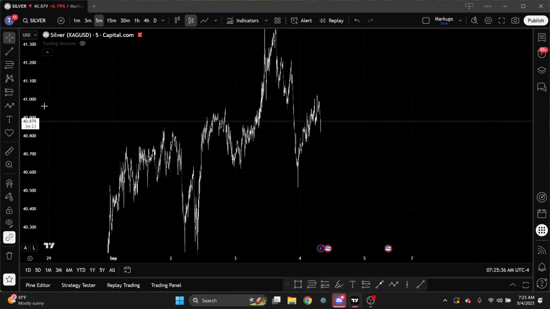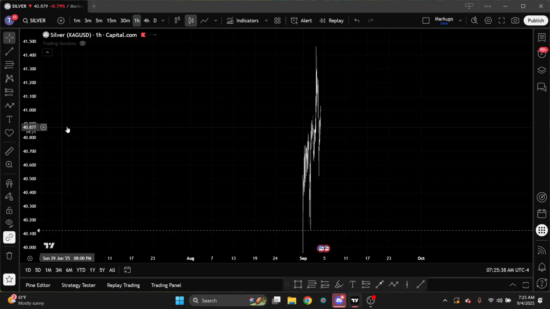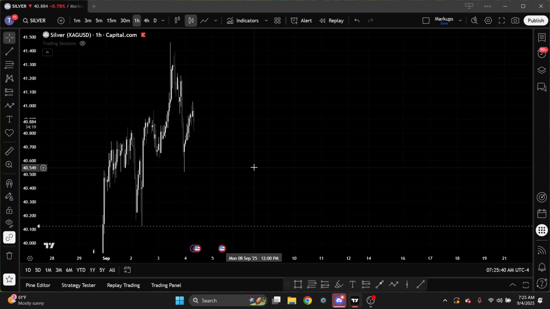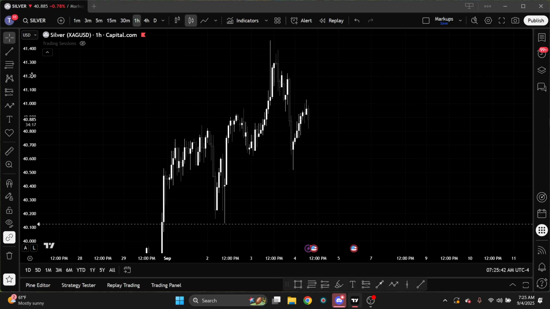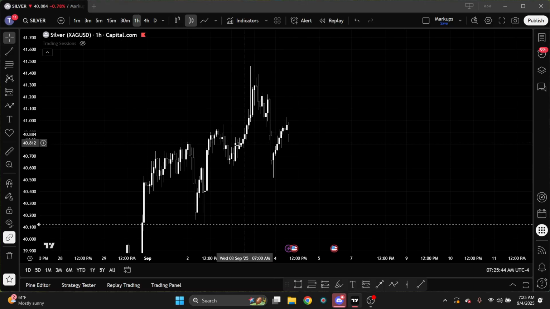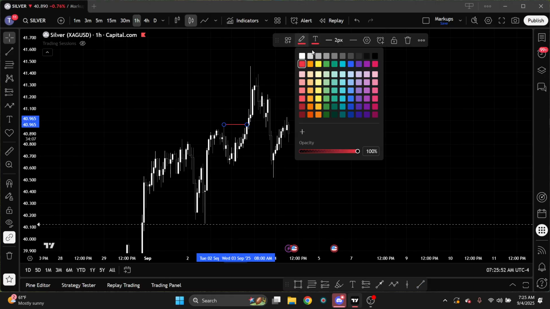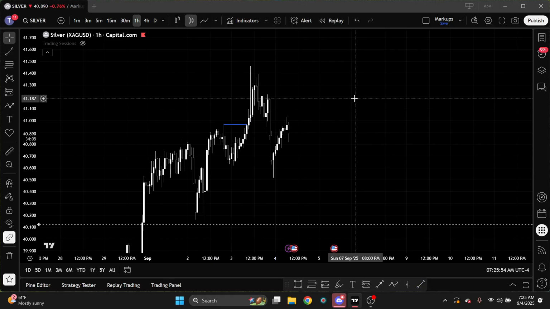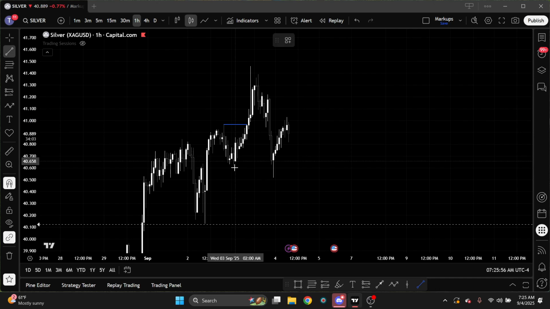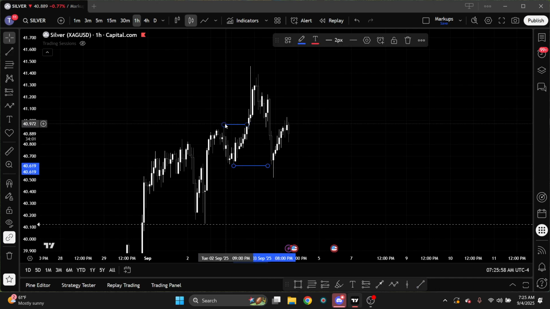Hop to silver. Same thing, silver has been going up. If I do it from a 1 hour time frame, price broke here, made a new high.